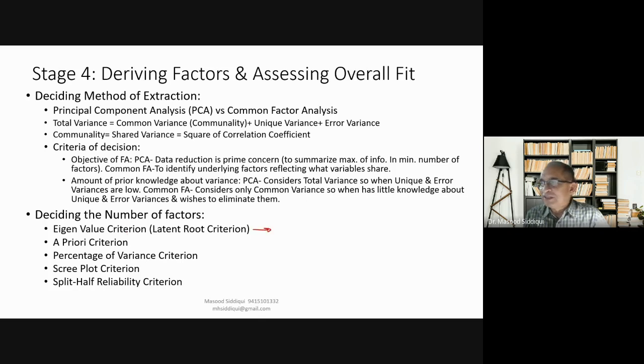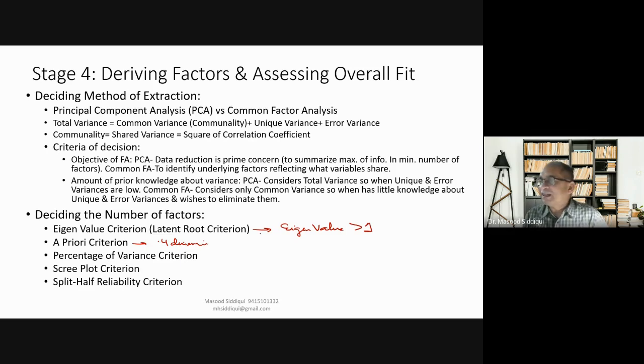Here we go with the eigenvalue over 1 criterion. Right? There can be an a priori criterion. Suppose we know beforehand that there should be 4 dimensions. If we know beforehand, then we put at the start that 4 dimensions would be extracted. The next one is the percentage of variation criterion.